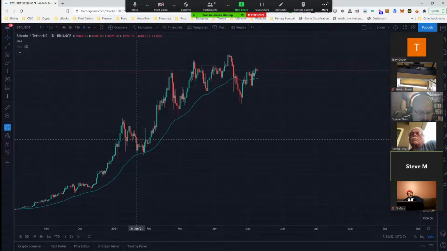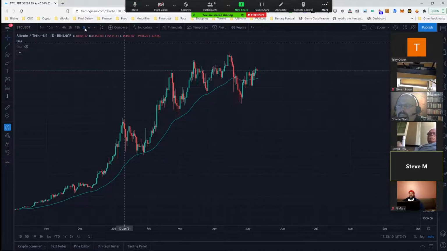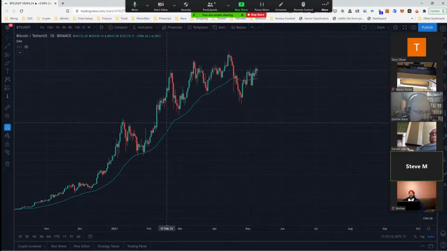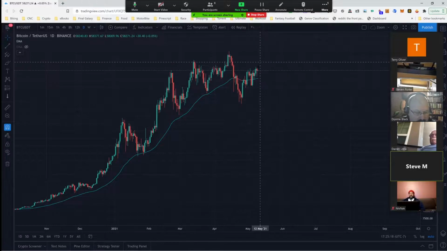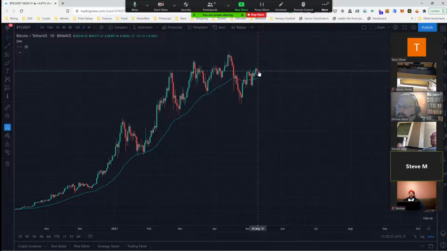For trading, identifying the trend is the first part. You also need to have a directional bias. So if you're wanting to trade smaller time frames, you'll look at the daily chart and see what the trend is. We're here trading above the 50-day EMA, so we're in a bullish trend.